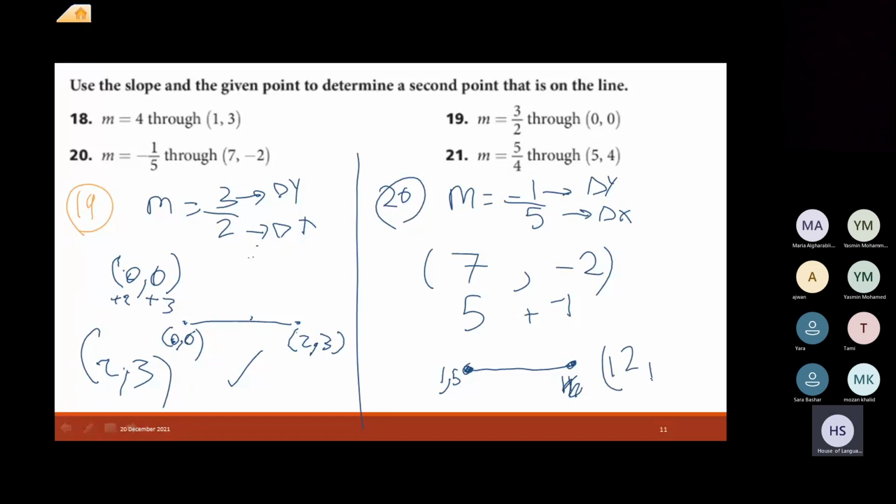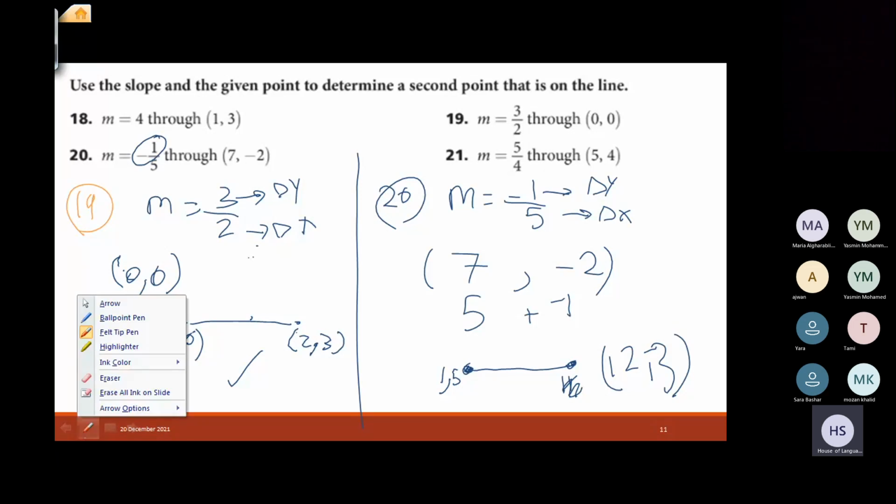Y1, -2 minus 1, -3. Bravo. So the answer is 12, -3, if it's multiple choice. But it's here -1.